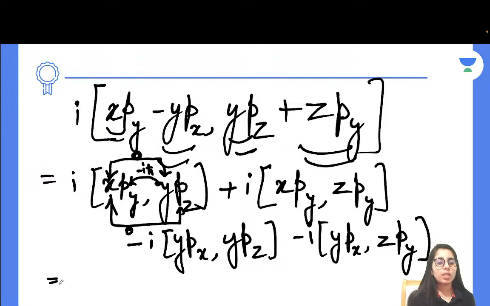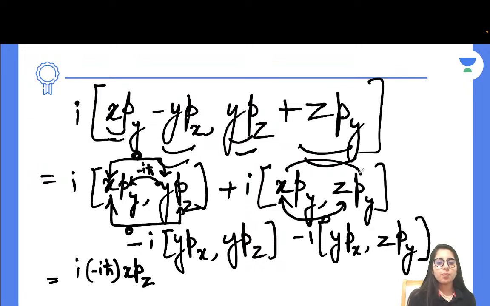Okay, so only one non-zero value you are getting, that is py with y, which is negative iota h cut. And since x is on the left hand side and pz is on the right hand side, it will remain the same. So negative iota h cut, x on the left and pz on the right, so we will write it as it is. Now for this one, x with z 0, x with py 0, py with z 0, py with py 0.